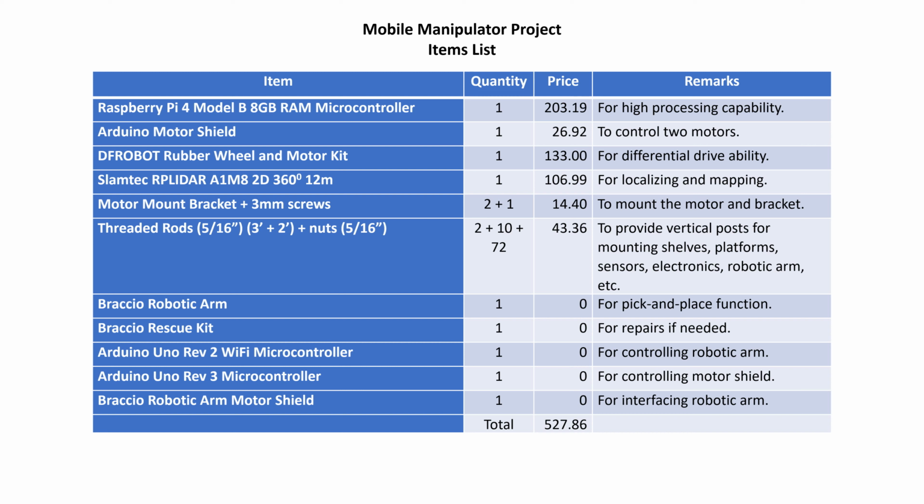I also purchased an Arduino motor shield to be able to control the two motors. I bought the rubber wheel and motor kit because I needed something that I can control with signals from my microcontroller, easily keep track of the rotations and speed of the wheels, and control that also.